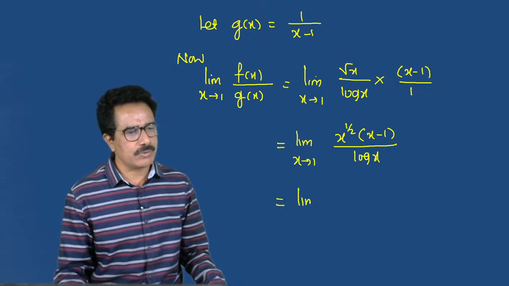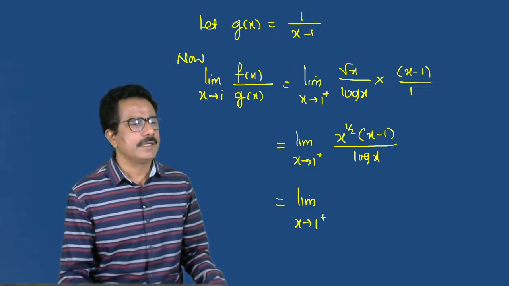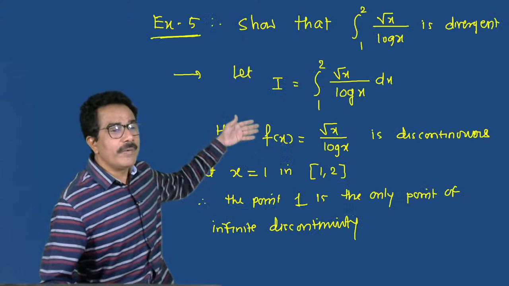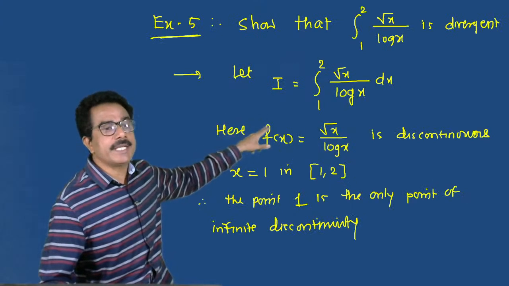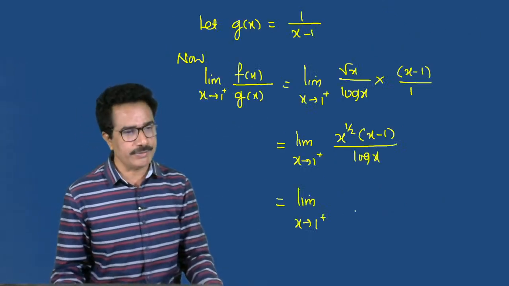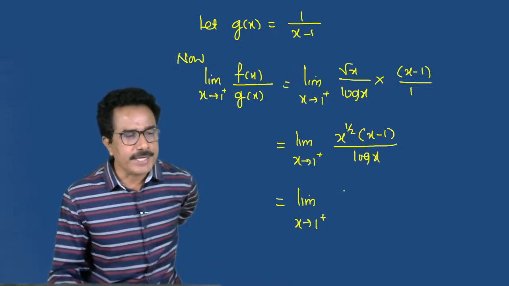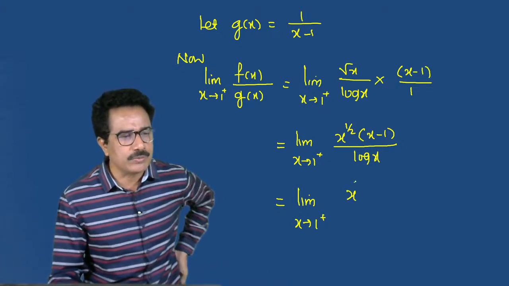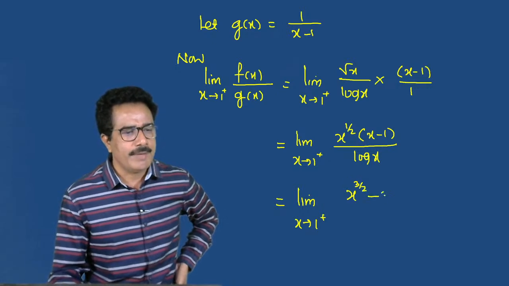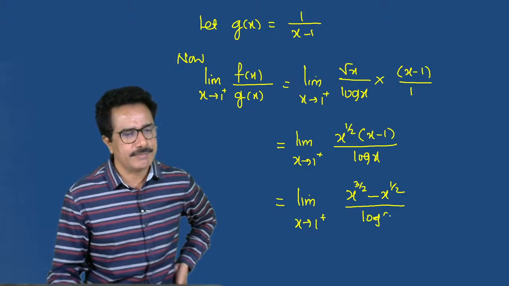Generally take the limit as positive, because if it is the lower limit of the integral, with x tending to 1, we have to take it as lambda tends to positive. We can multiply this: x raised to 1 by 2 into x means x raised to 3 by 2 minus x raised to 1 by 2, divided by log x.